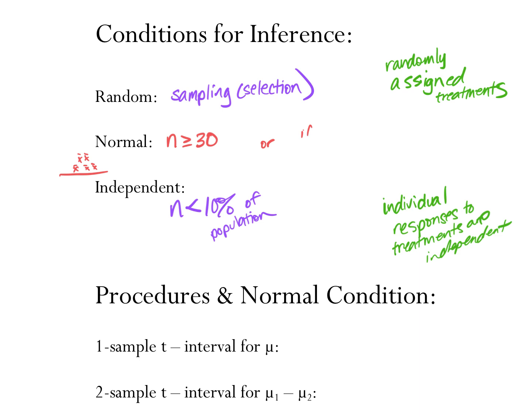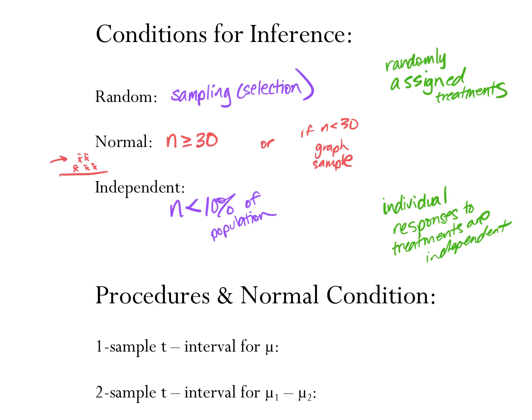Or if my sample size is less than 30, we look at a graph of the sample. And the basic idea is, even if my sample size isn't large, if I'm sampling from a normal population or a well-behaved population, as long as my population's pretty symmetric and well-behaved, then we can assume that those x bars will still be normal, okay?